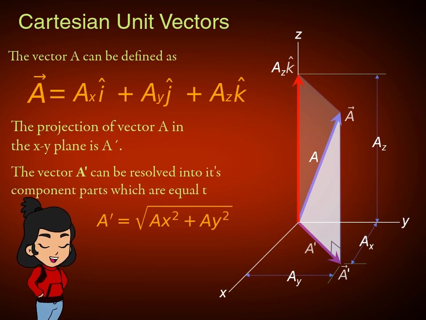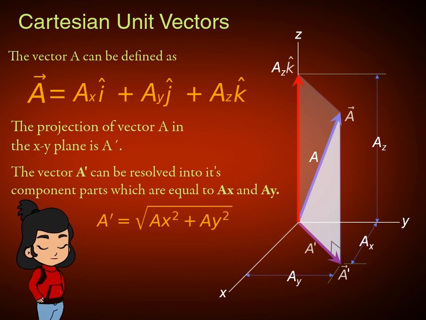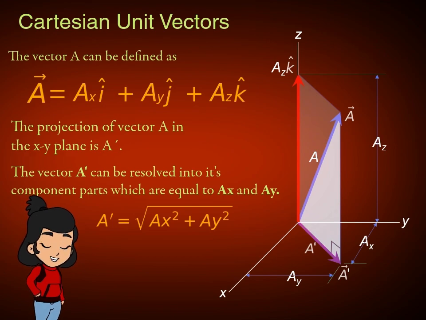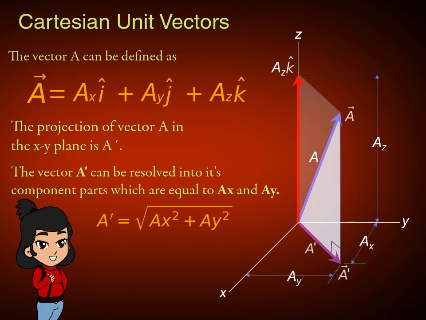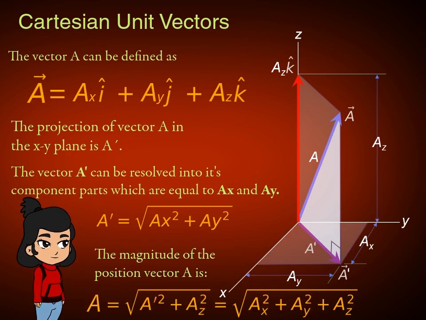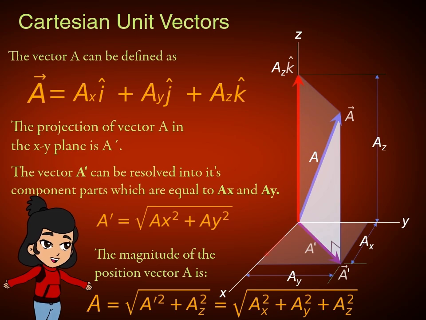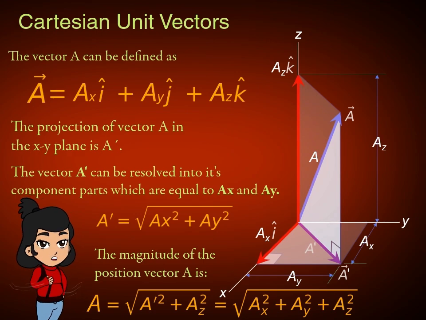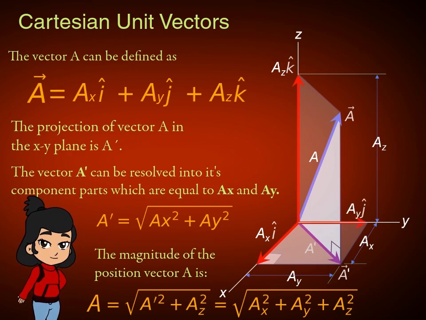Vector A prime has a magnitude of A prime. A prime does not coincide with any axis, but it does lie in a plane defined by x and y. Therefore, now we can resolve vector A prime into Ax times i caret and Ay times j caret.